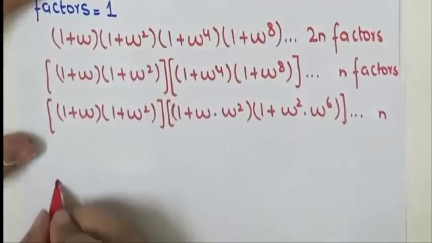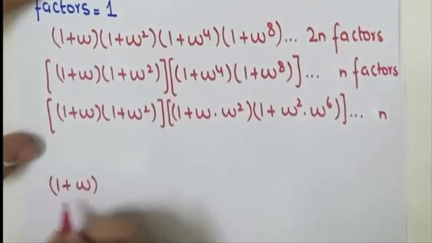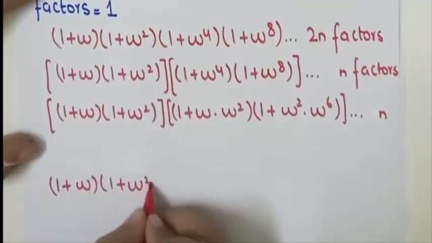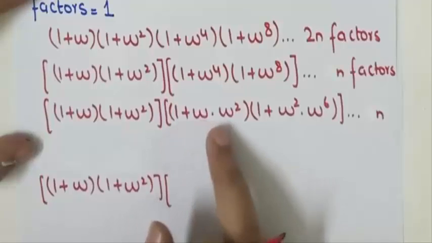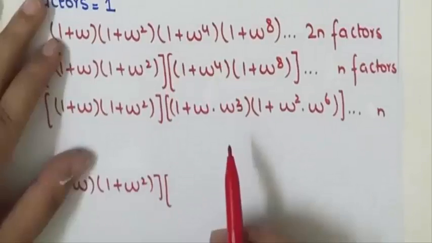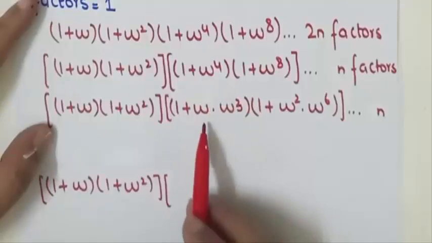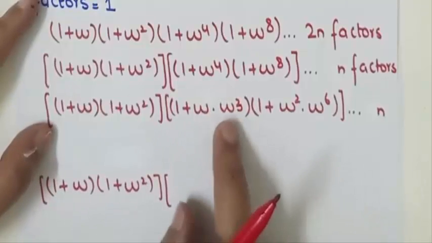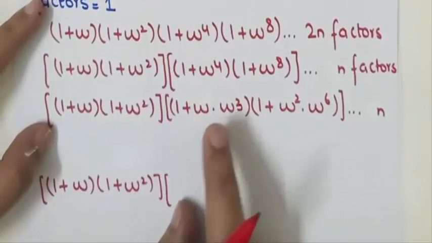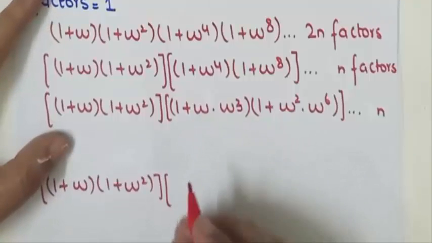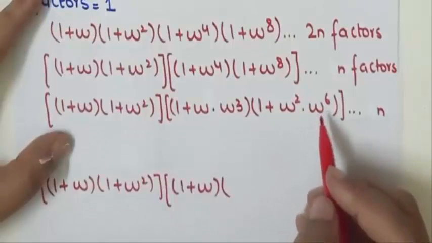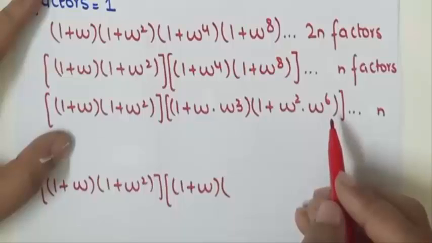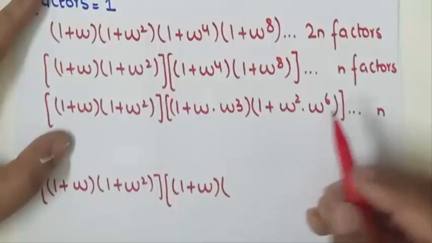Now 1 plus omega 4. This is 1 plus omega dot omega square. Sorry, this is omega into omega cube. Now omega cube is equal to 1, and 1 into omega means omega. So we will write 1 plus omega. Now this is omega square into omega 6, which means omega square.